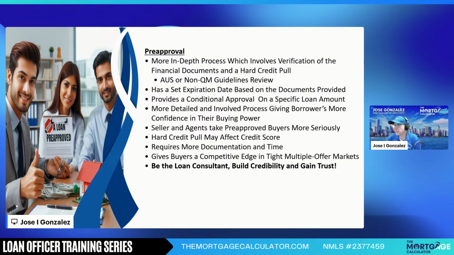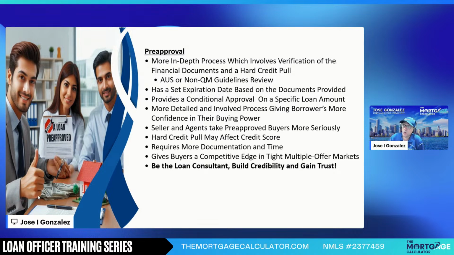Especially if you're dealing with an agency loan. If you're dealing with an agency loan, the only way we're going to be able to run automated underwriting is if you have a hard credit pull that can be reissued into the automated underwriting system.